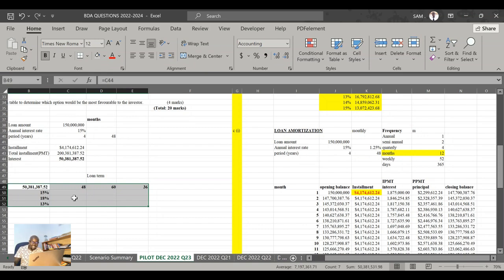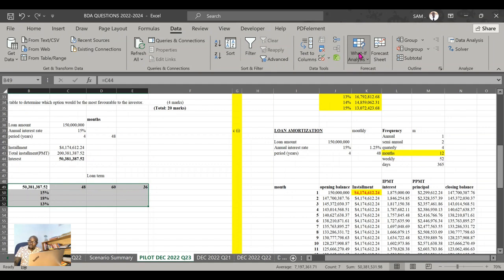So after highlighting this table, come to the data tab on your Excel window, what if analysis, choose data table. Then you'll see this pop-up window where you'll be asked to put the row input cell and then the column input cell. Now, in the row input cell, we ask ourselves, which variable is appearing in a row?